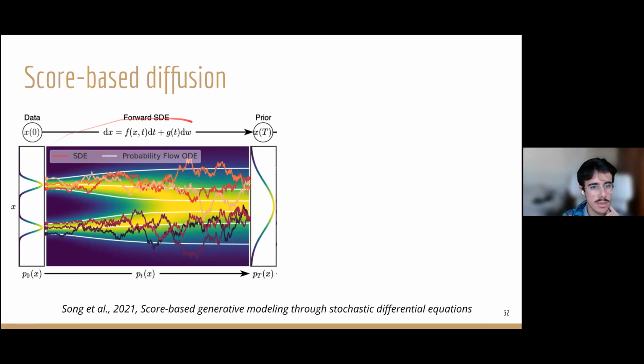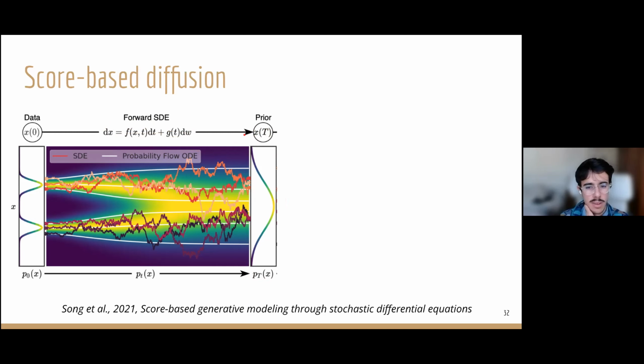The idea is to construct a diffusion process so that if we start with a data distribution and apply this diffusion process, then after an infinite time we get the invariant measure, the measure that is invariant with respect to that diffusion process.